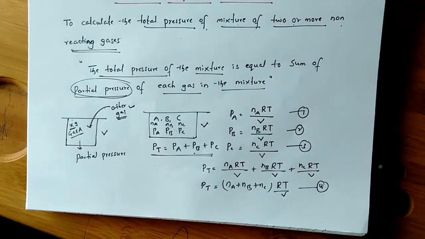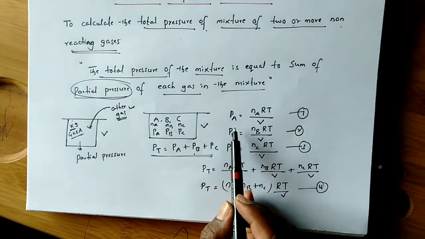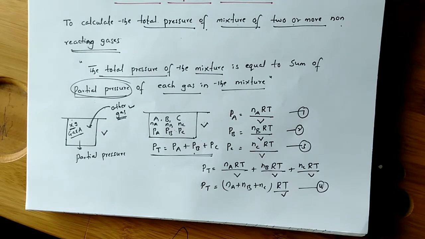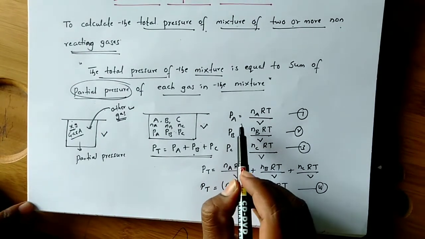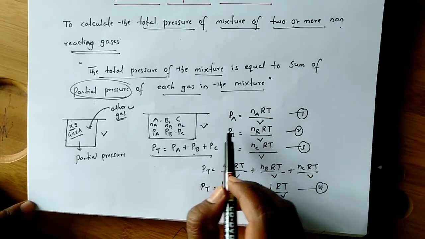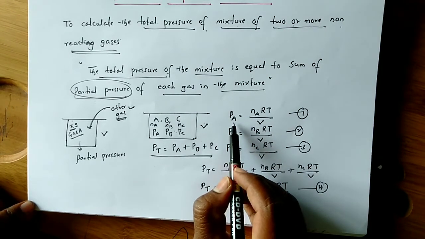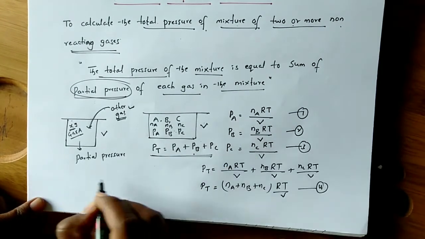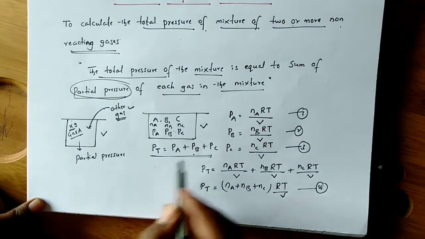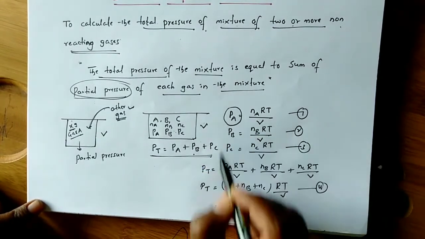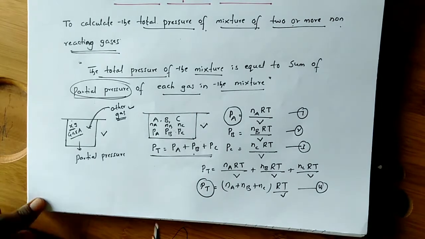Now what is the relation between partial pressure of a gas and total pressure? Take any one gas, I am taking gas A. What is the relation between partial pressure of A and total pressure of that mixture? Let us see here.